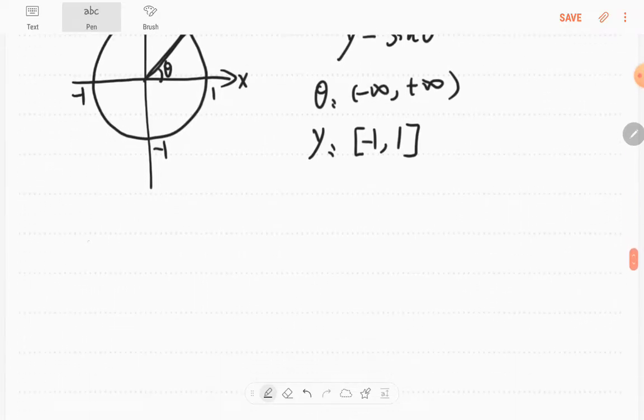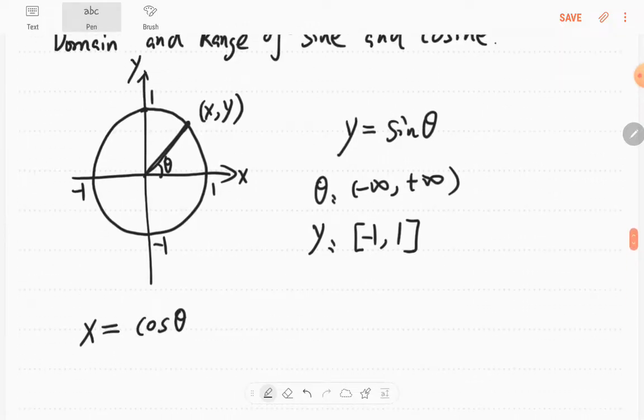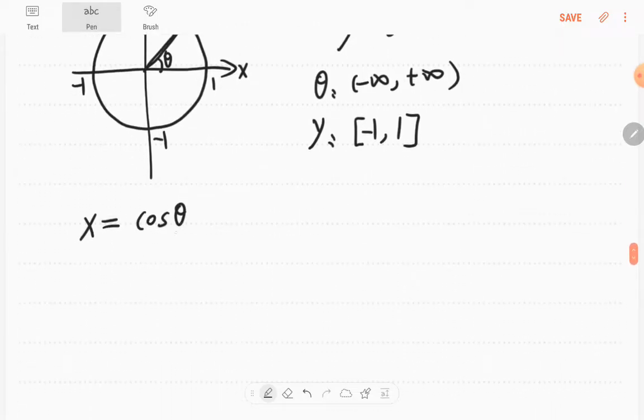And we also have x equals cosine theta in the unit circle. And again, this theta is from -infinity to infinity.